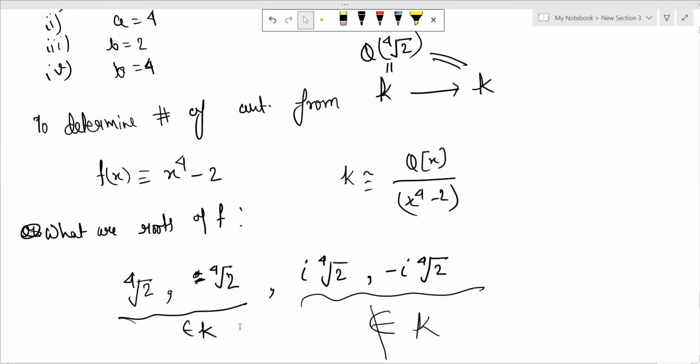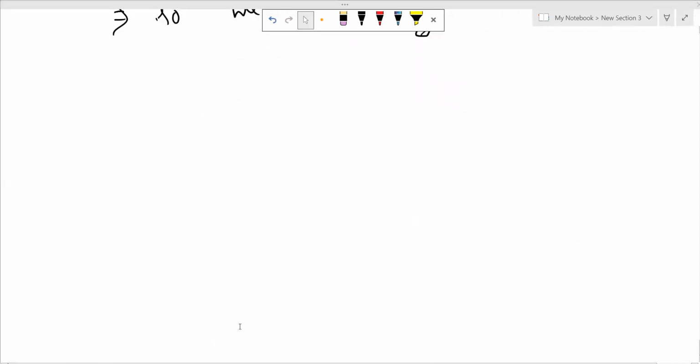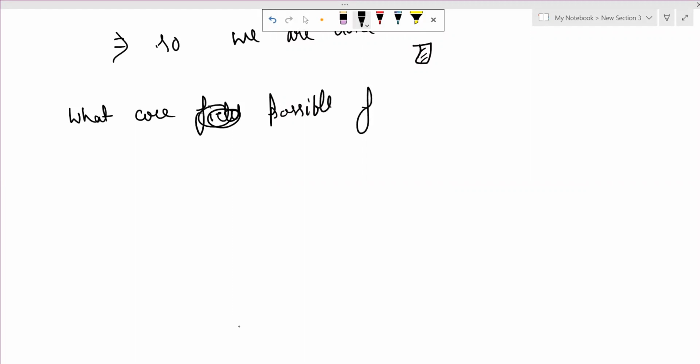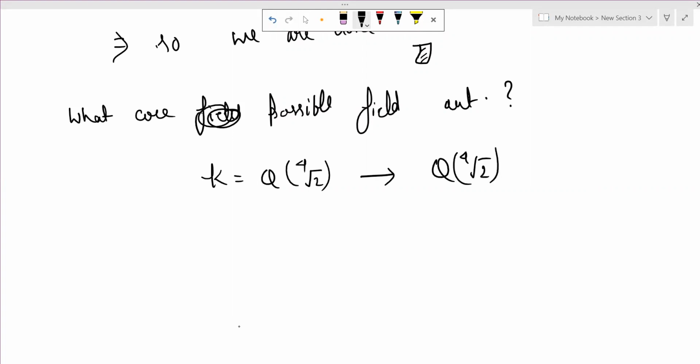So now, under any field homomorphism, what are the choices here? The question that comes to us is: what are the possible field automorphisms? So K = Q(fourth root of 2). Now any field automorphism phi restricted to Q should be the identity.